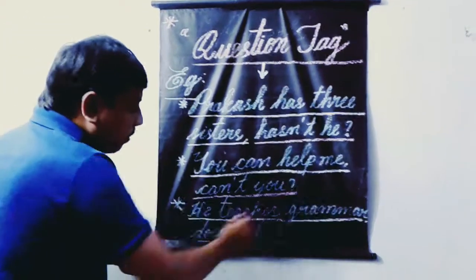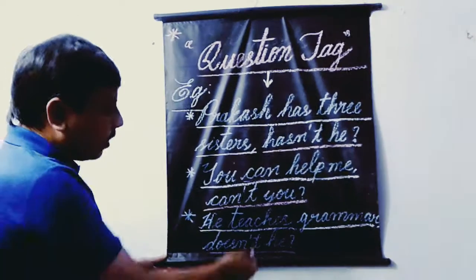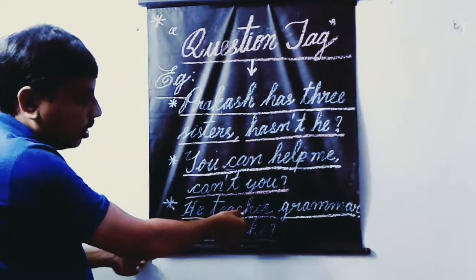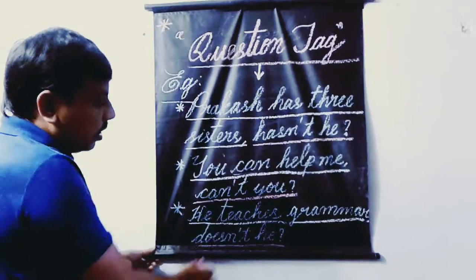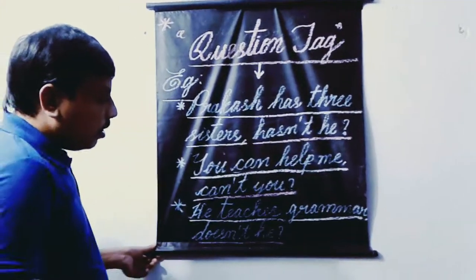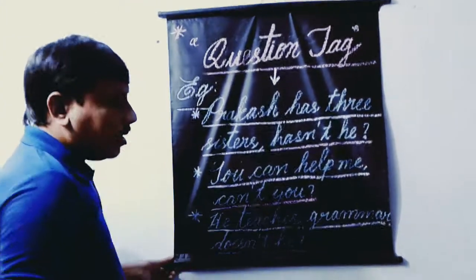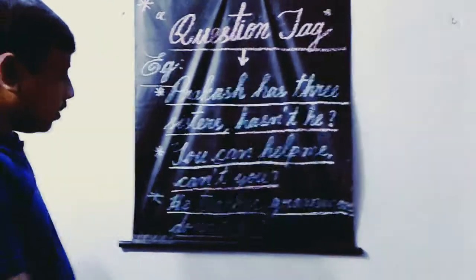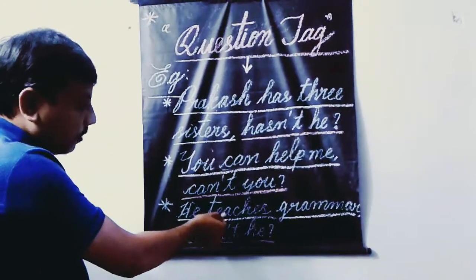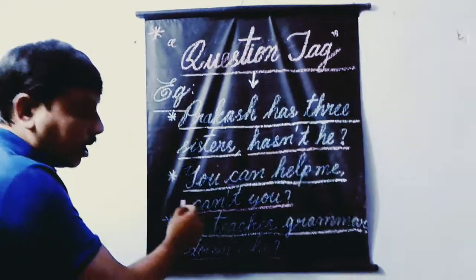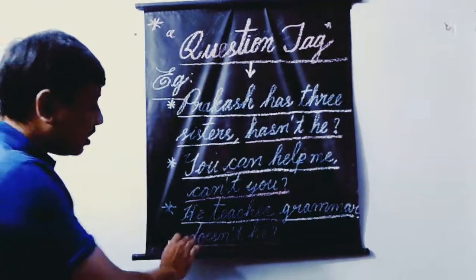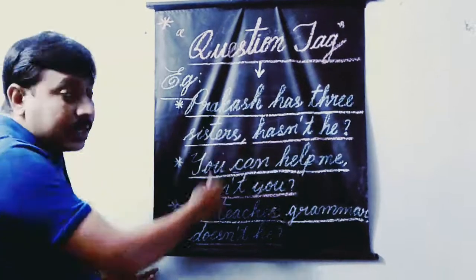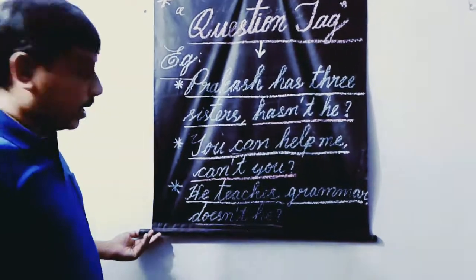He teaches grammar, doesn't he? Here we cannot find an anomalous finite verb in this statement. So does plus teach is equal to teaches. In such a way, positive statement takes negative question tag. Negative statement takes positive question tag.